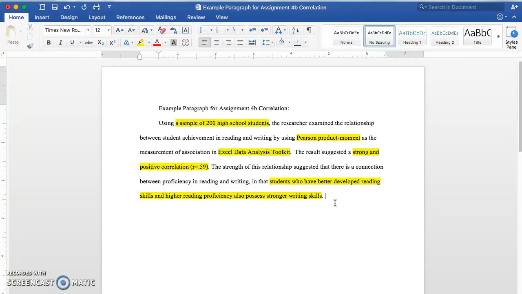A few people used the word impact in the interpretation, which I need to give you a warning about, because when we look at associations, we are simply examining the correlation between the two variables, but we do not know which one influenced the other.